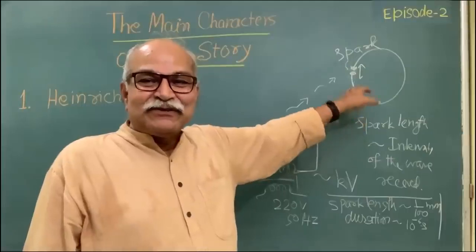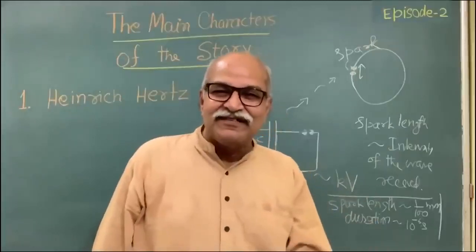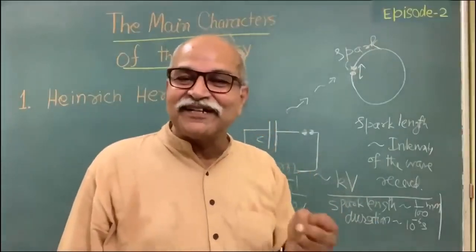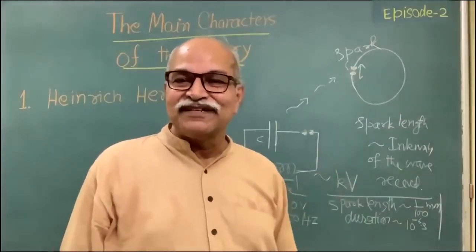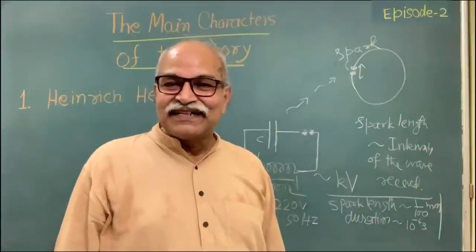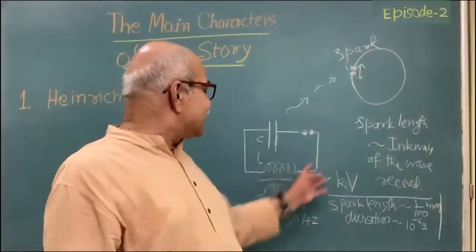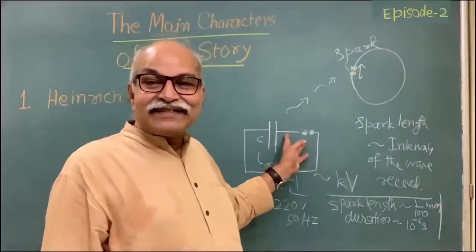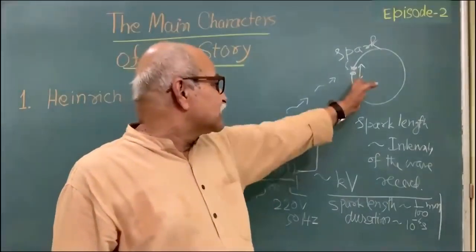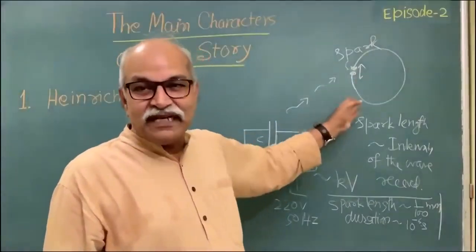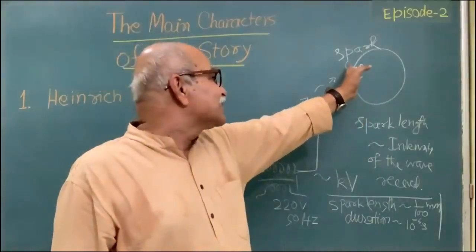This kind of experiment he did to establish that yes, Maxwell's equations predict that there should be electromagnetic waves when you have oscillating electric and magnetic fields. And if you supply AC and oscillate charges in the circuit, they indeed produce an electromagnetic wave.